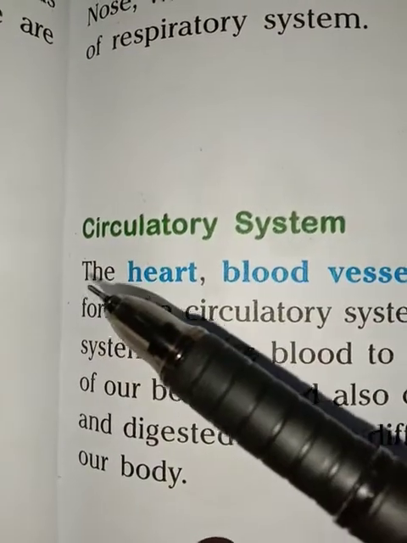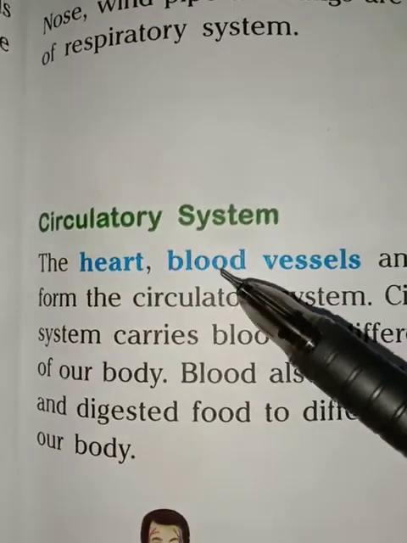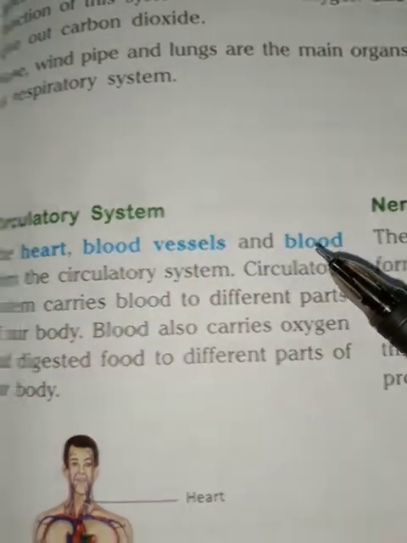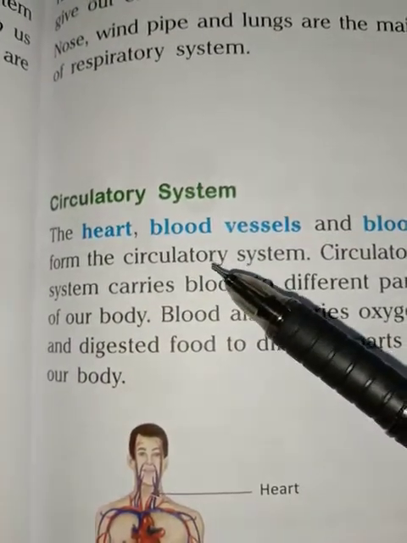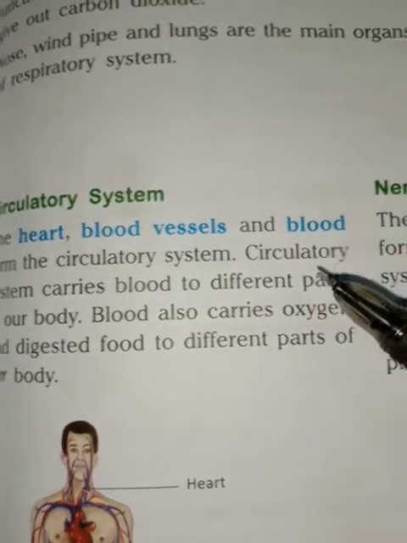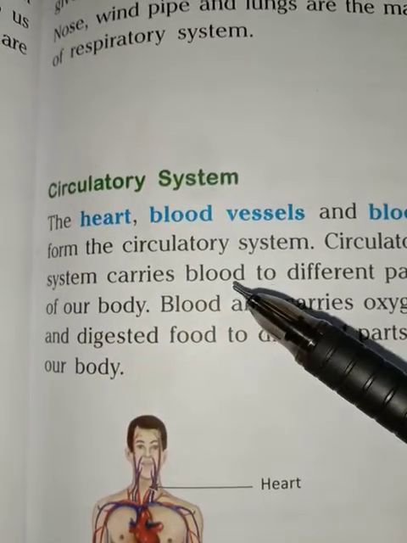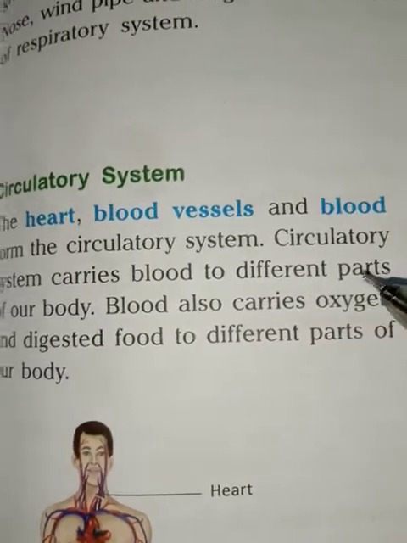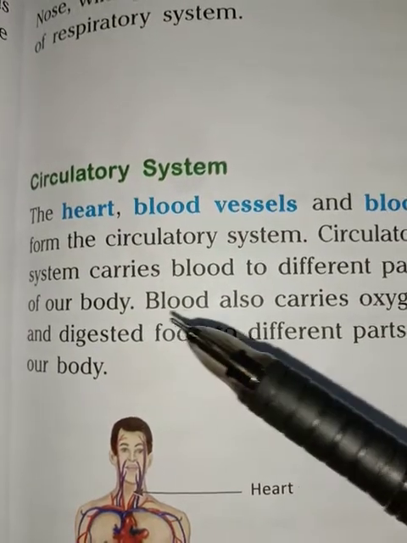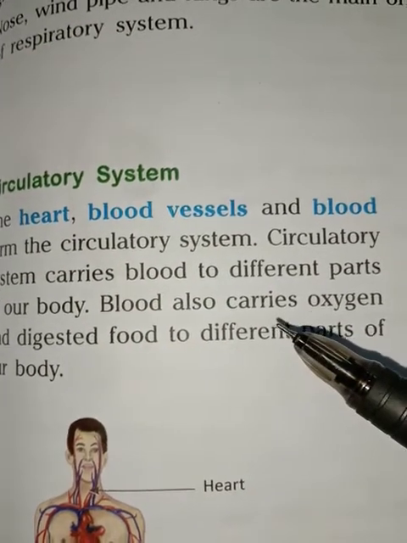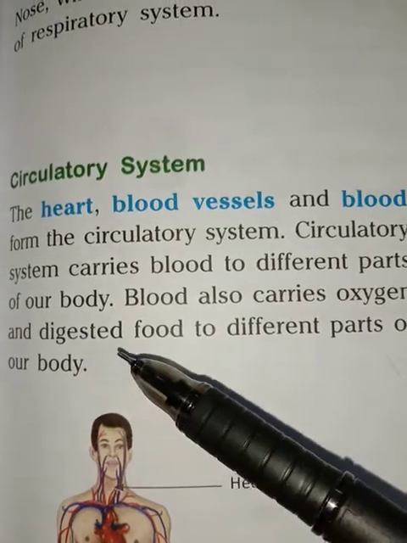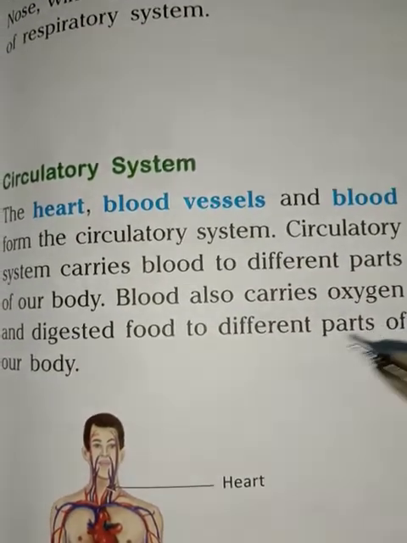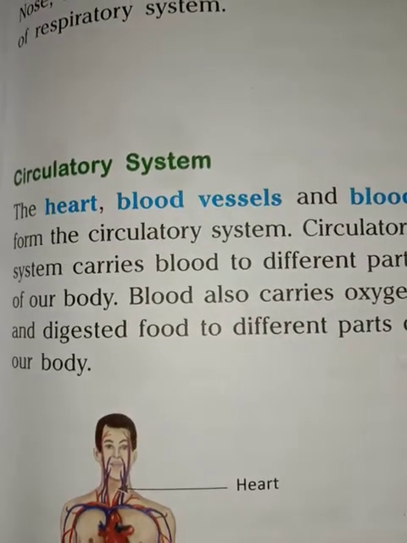Okay. Now the heart, blood vessels and blood form the circulatory system. Circulatory system carries blood to different parts of our body. Blood also carries oxygen and digested food to different parts of our body.